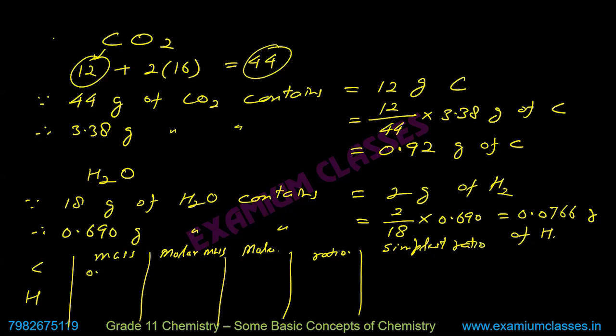So carbon is 0.92 grams, hydrogen is 0.0766 grams, molar mass 12, molar mass 1.